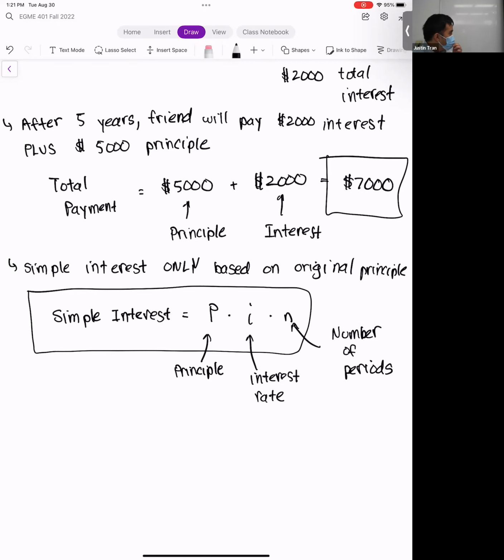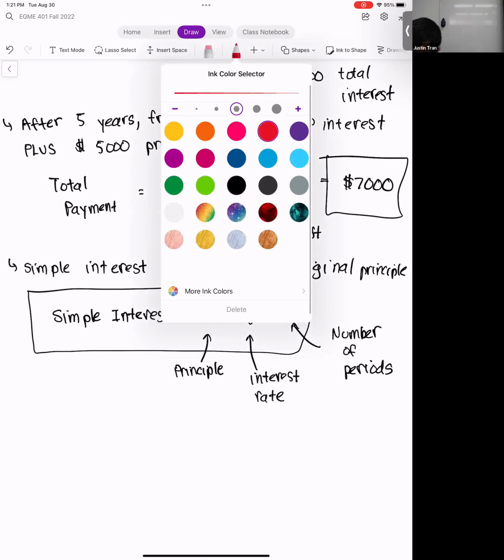The only thing you have to be careful of here, and you have to be careful of this for all of these types of calculations, is that when you plug in the interest rate, you have to plug it in as a decimal, not as a percentage. Let me write this in red because that's very important.